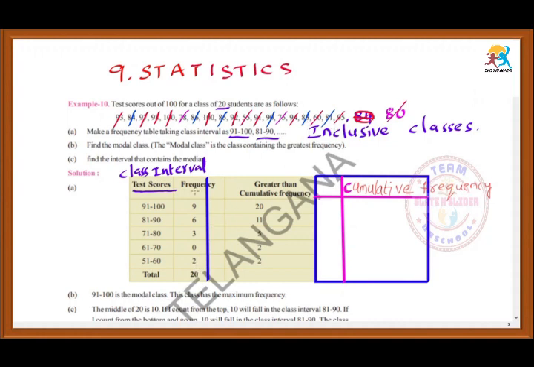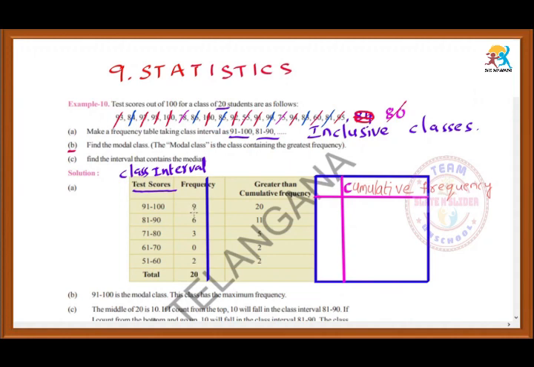So for this we have to find the modal class. The modal class is the class containing the greatest frequency. Actually, the mode is the number which has the highest frequency. So here the highest frequency is 9.